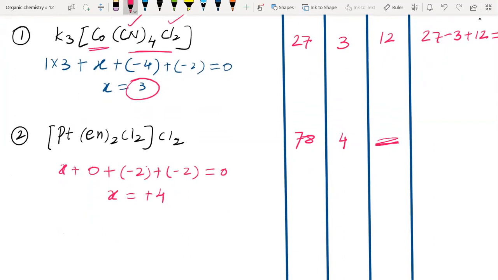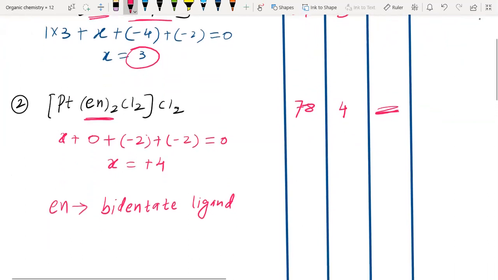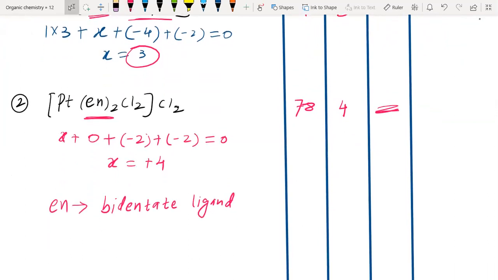As we see, ethylenediamine is a bidentate ligand, and because of that, the coordination number for ethylenediamine we get as 4.